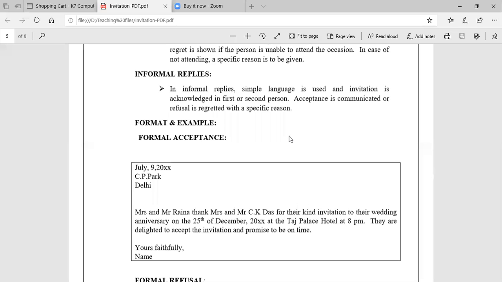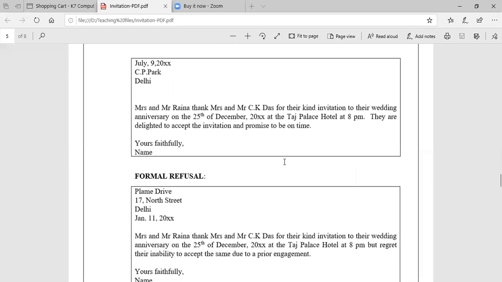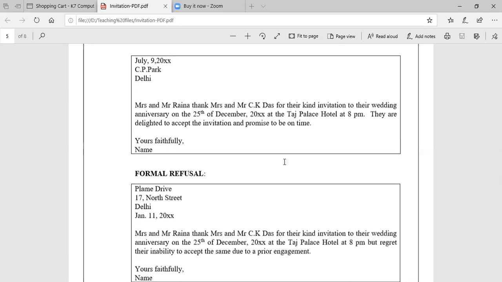Formal replies can be divided into two: formal acceptance, formal refusal. Informal replies also can be divided into two: informal acceptance, informal refusal.